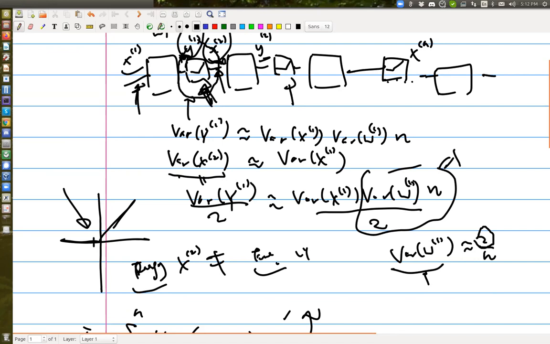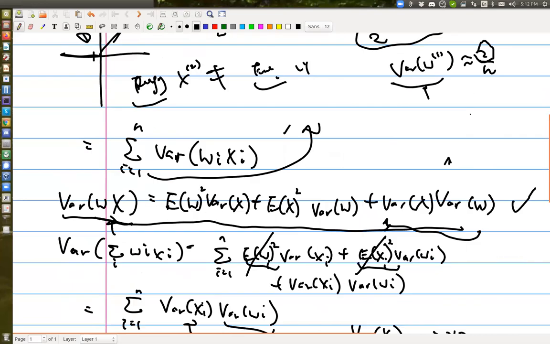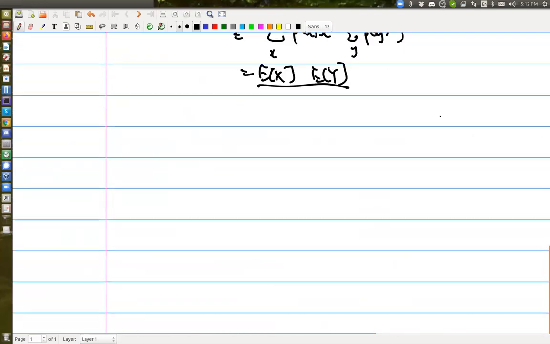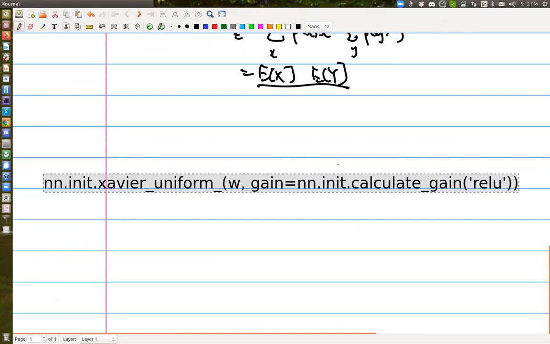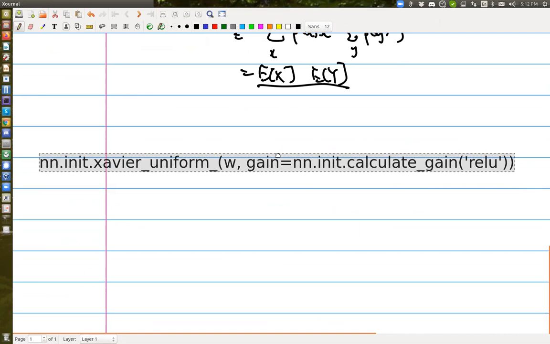Let me just copy this line here. In PyTorch, for example, you can do something like that. If you want to use Xavier initialization, it has a uniform version and also a Gaussian version.